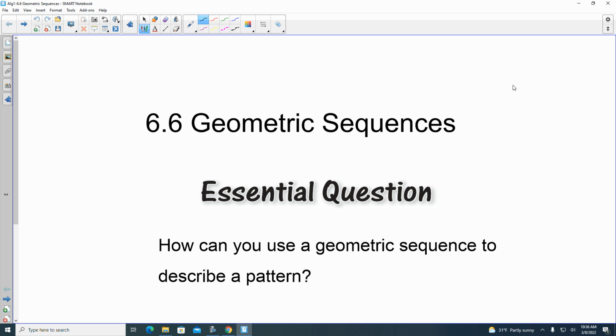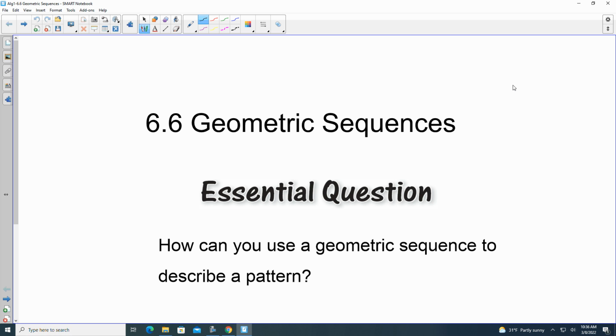In chapter 4, we talked about arithmetic sequences, where for a sequence to be arithmetic, you had to have a common difference. That meant that it was a linear equation or linear function.